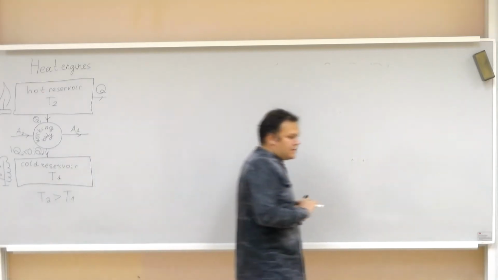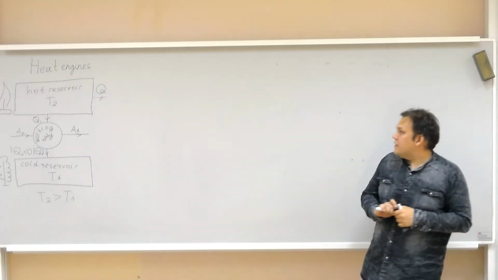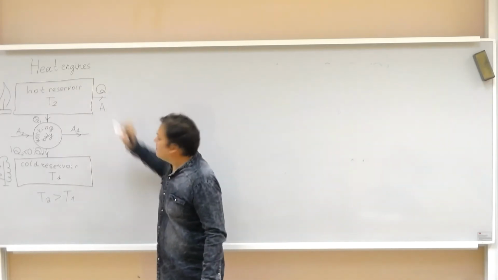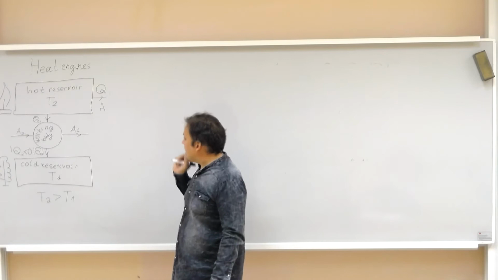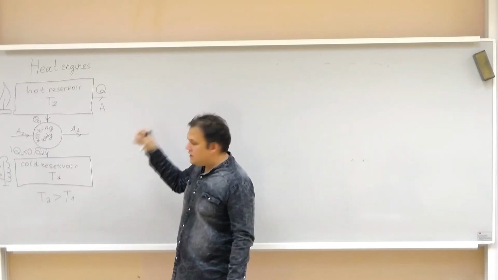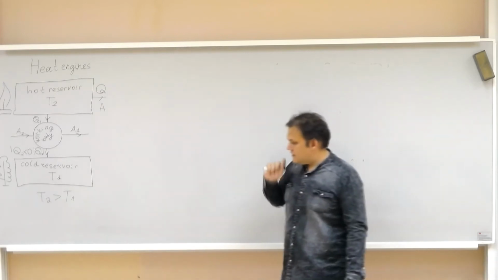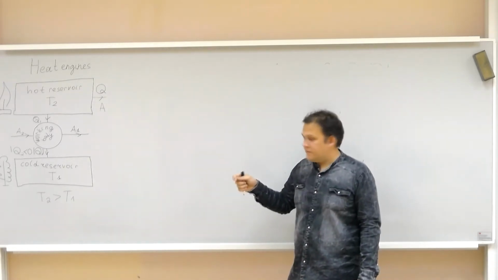This question is very non-trivial because the work is a function of process. We can go from the initial state to the final state by different ways, and these different ways will have different work.